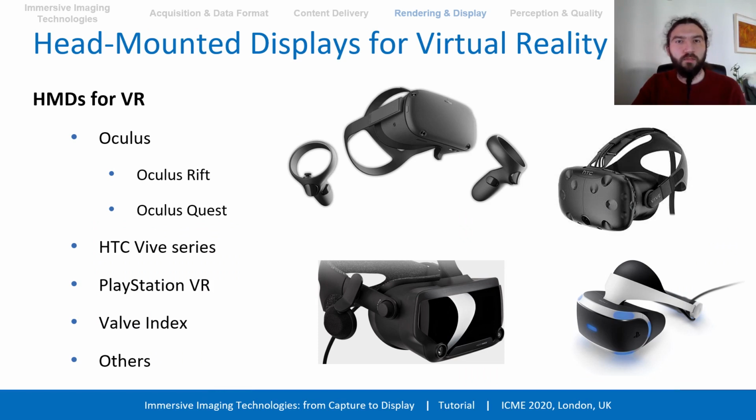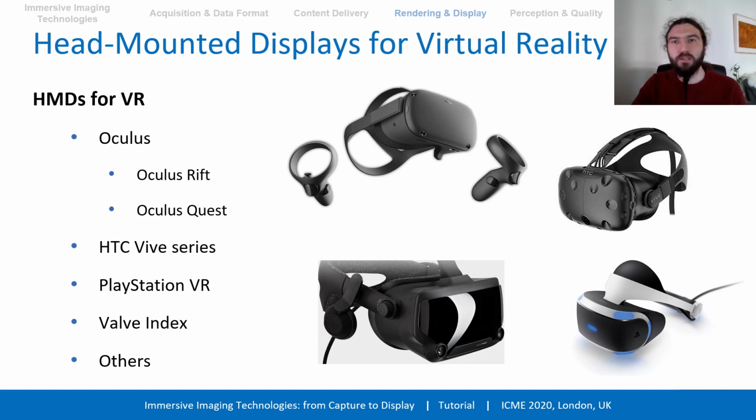Next, we have head-mounted displays, or HMDs, for the display of immersive imagery. There are many different companies now who make HMDs for these purposes. Here we list a few of them. One of the first companies to build a VR set was Oculus. Now Oculus has several models, as does HTC with their own Vive series. There's also PlayStation VR, Valve Index, and many others.